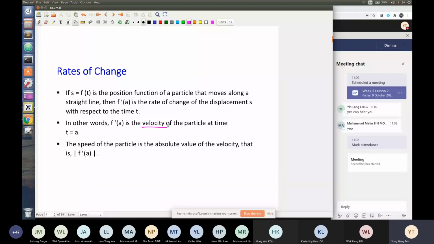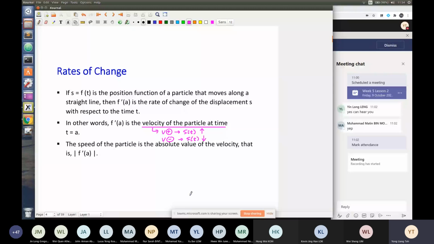If the velocity is positive, that means S of t increases. However, if the velocity is negative, then S of t is decreasing.